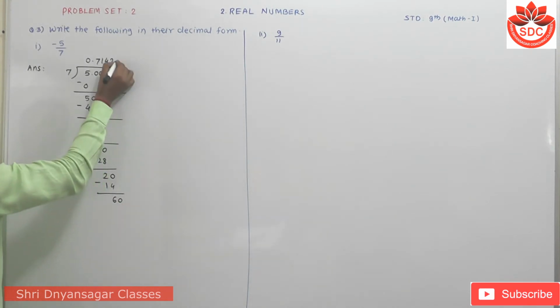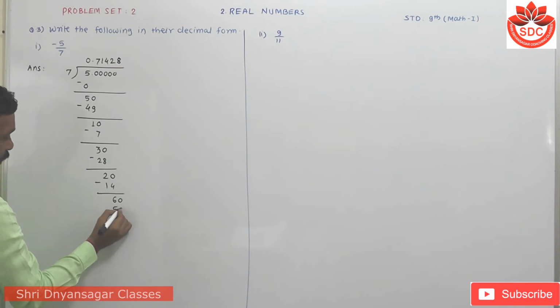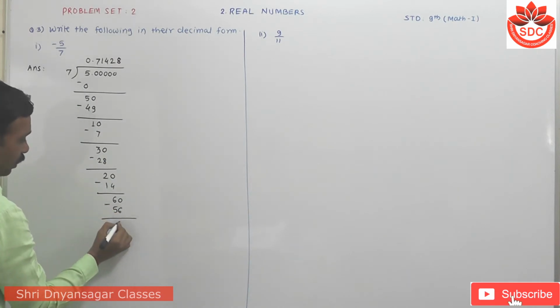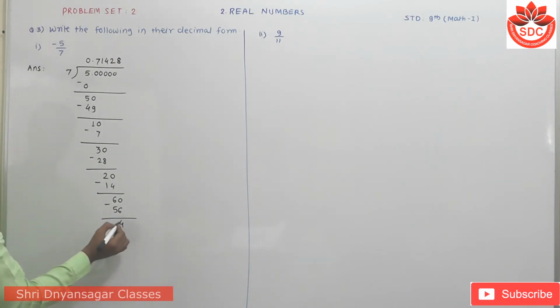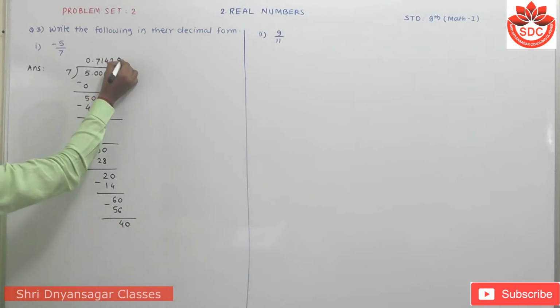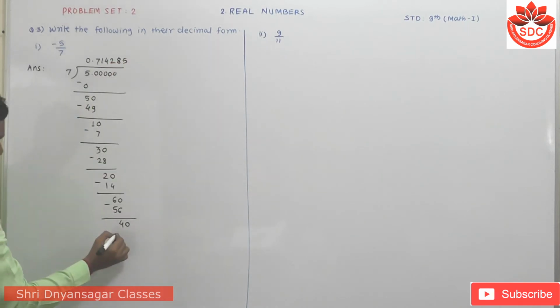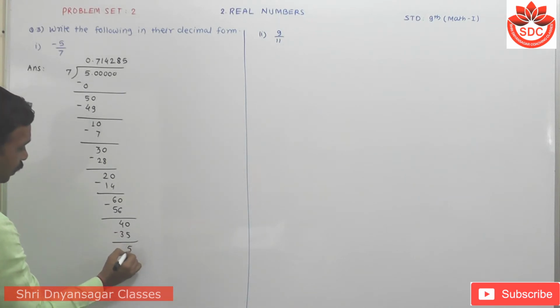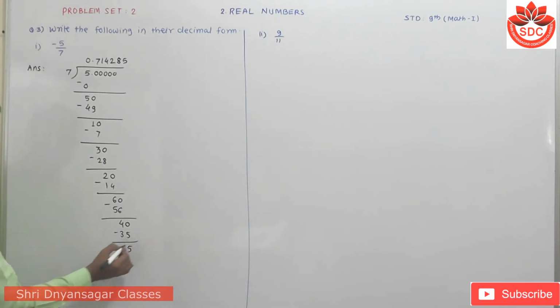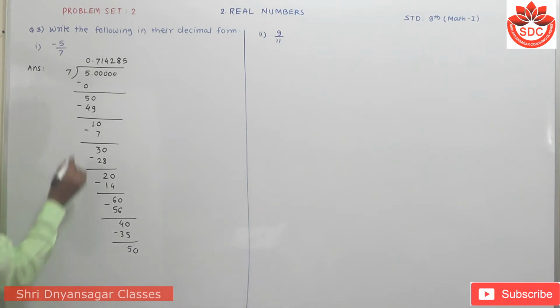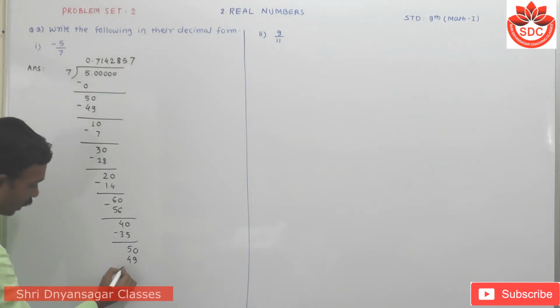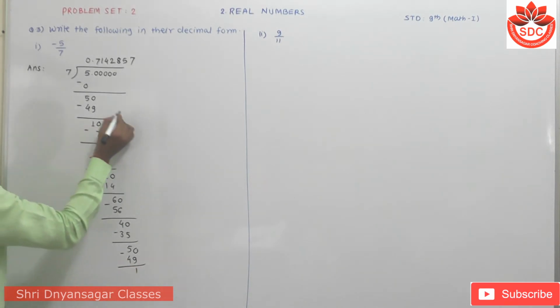It becomes 60. Then 7 eights are 56. Remaining is 4. It becomes 40. Then 7 fives are 35. Then remaining is 5. Again take 0 here. Student, look carefully. Then again 7 sevens are 49. Then remaining is 1.